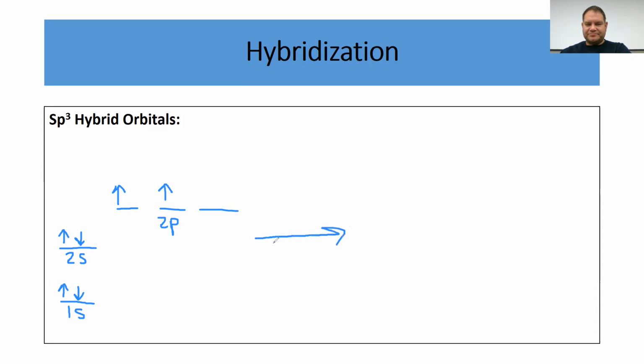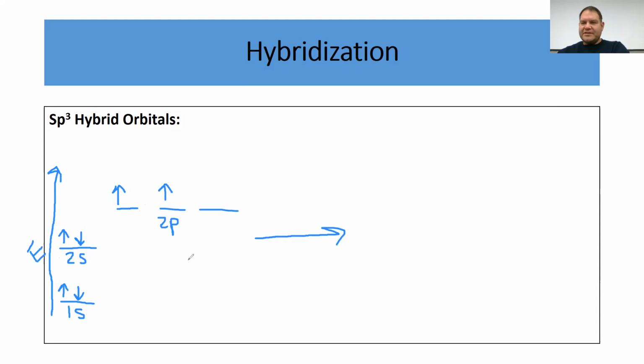We're going to draw an arrow, and we're going to go through hybridization. By the way, I want to mention one thing. You already know this, but to remind you, the energy is increasing as we go up, right? So just keep that in mind for a moment, okay?